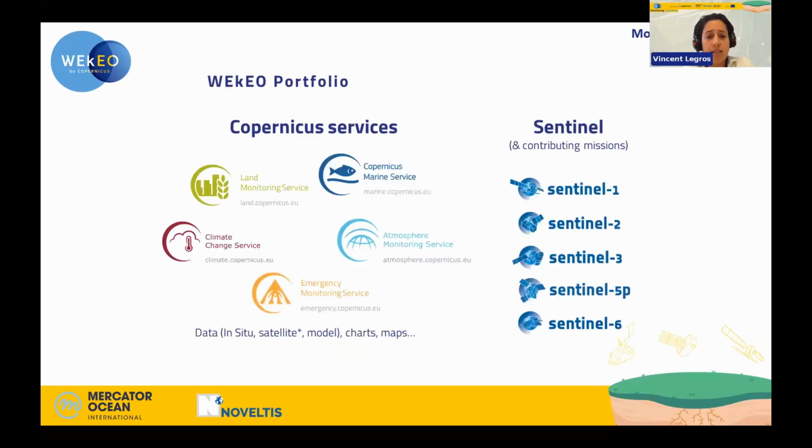We have 6 services in total. The land, the climate change, the emergency monitoring service, the atmosphere, and the Copernicus Marine Service. And besides, we also have some Sentinel missions. Sentinels are the satellites that provide the data that you can find in Copernicus, and they also have some missions whose data you can also find in WEkEO.